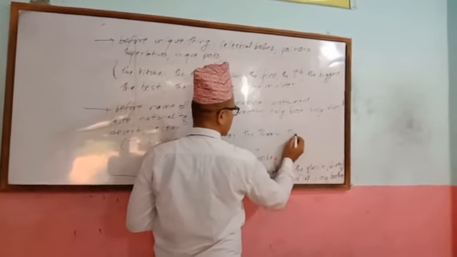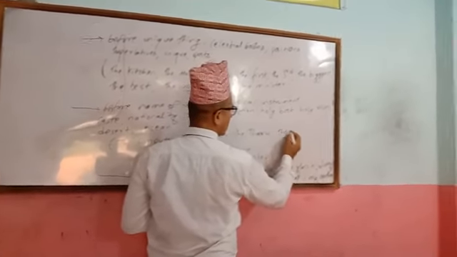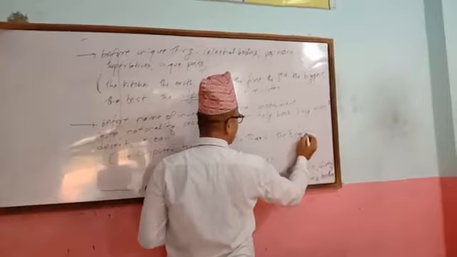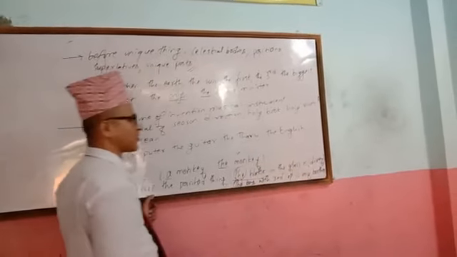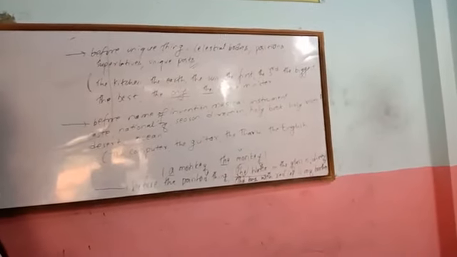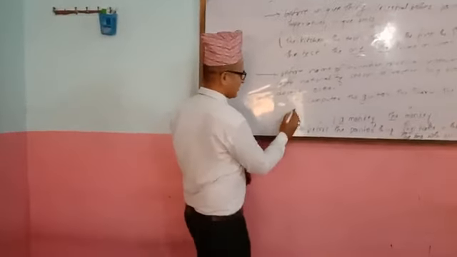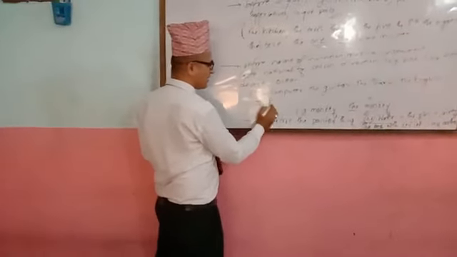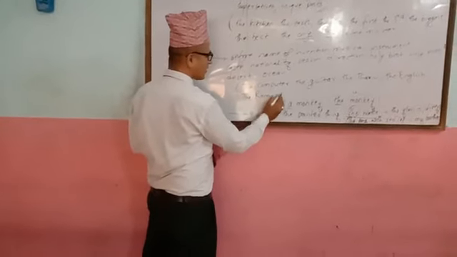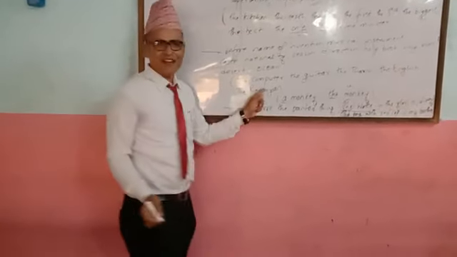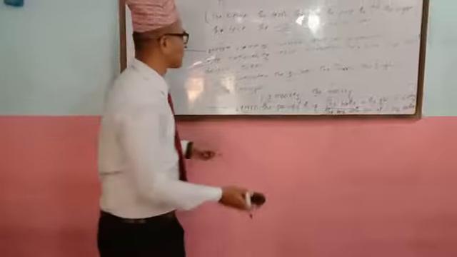Nationality. Sometimes the word English might come as a nationality, the English, no problem. For example, the English won the cricket, right? Holy book: the Ramayana, the Gita, the Quran, right?